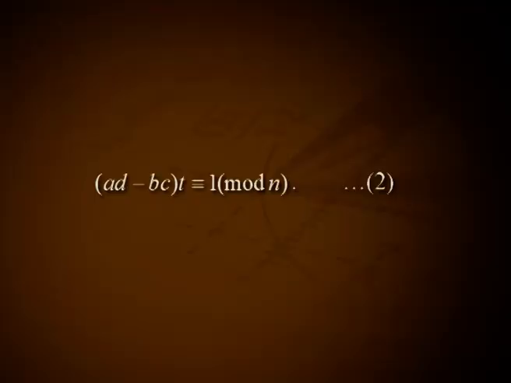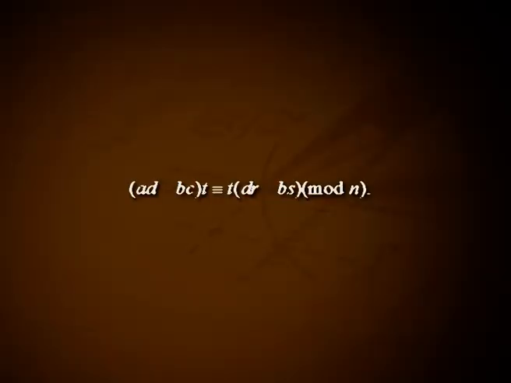Then (ad - bc)t ≡ 1 mod n, equation 2. When congruence 1 is multiplied by t, we obtain (ad - bc)tx ≡ t(dr - bs) mod n. Using 2, we obtain x ≡ t(dr - bs) mod n.